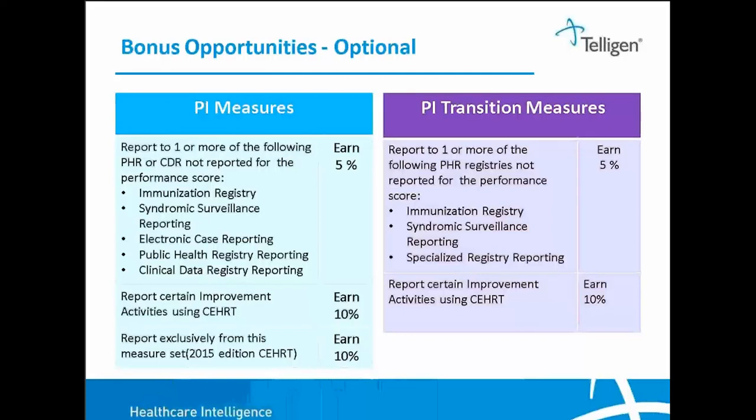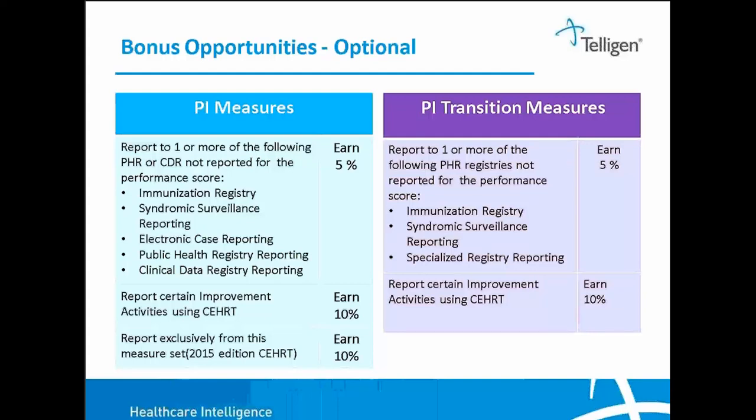So how is the bonus score calculated? Well, this is your opportunity to improve your score. If you feel like you didn't do so well on the performance score, this is an opportunity to improve your score because up to 15 or 20 total bonus points can be earned depending on which measures you choose.